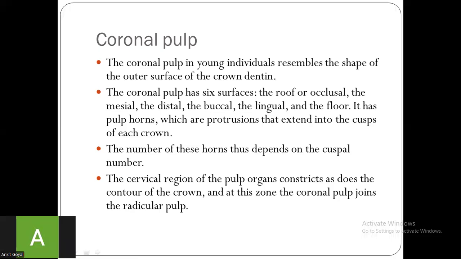It has pulp horns, which are protrusions that extend into the cusp of each crown. The number of these horns depends on the cuspal numbers. The cervical region of the pulp constricts, as does the contour of the crown, and at this zone the coronal pulp joins the radicular pulp.